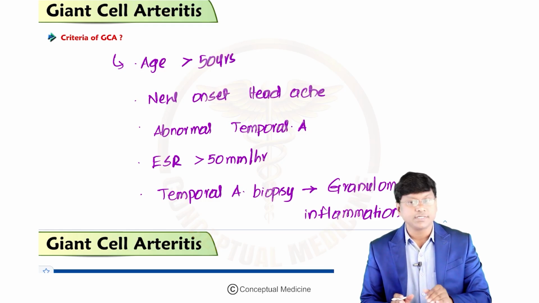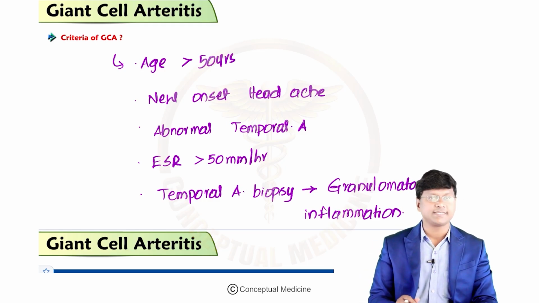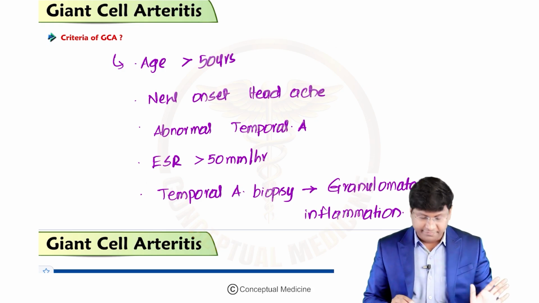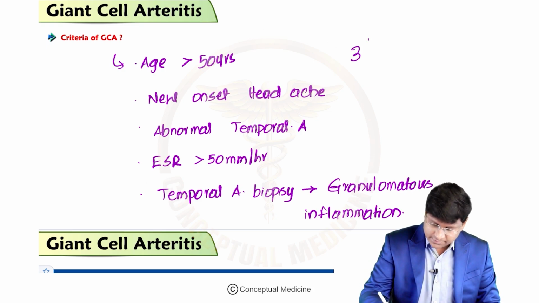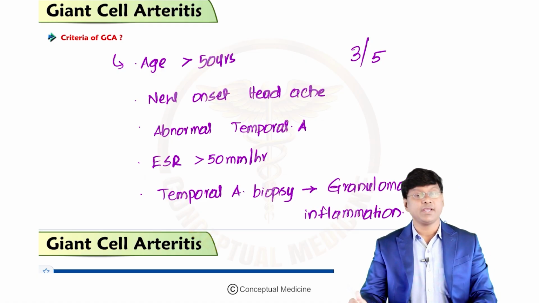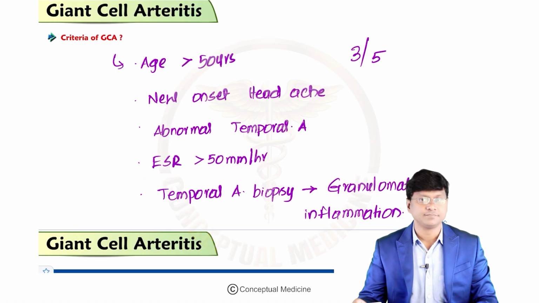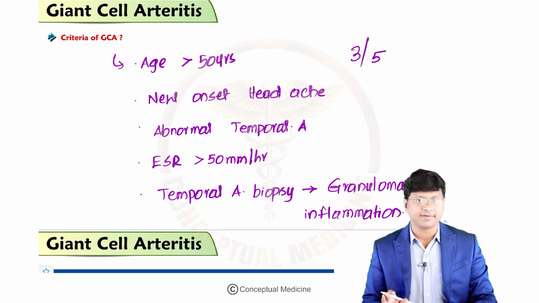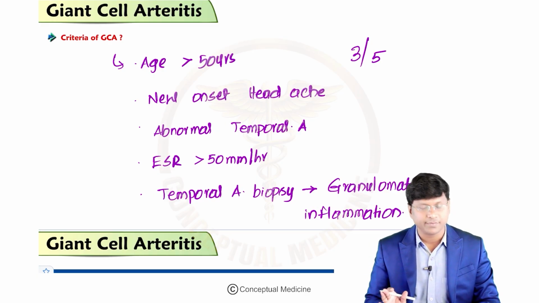So that is the criteria of giant cell arteritis. Now, out of these criteria, totally 5 criteria are there. Out of this, 3 out of 5 are required for the diagnosis of giant cell arteritis.